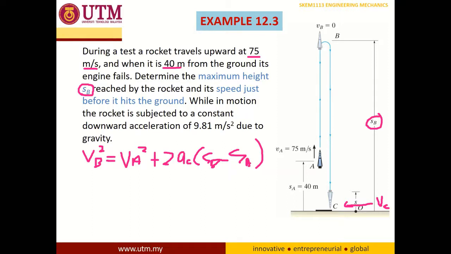Here VB is 0, and VA equals 75 squared plus 2 AC. Now the rocket moves upwards, so the acceleration points downwards, and we should add the minus sign because the direction of the acceleration is opposite to the direction of s. Then we have here 9.81.